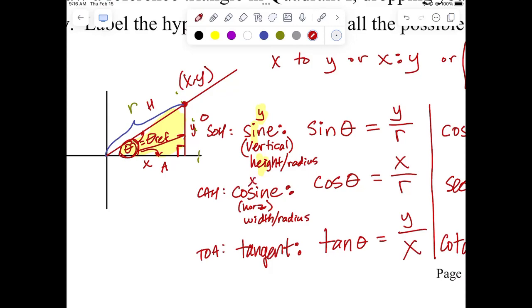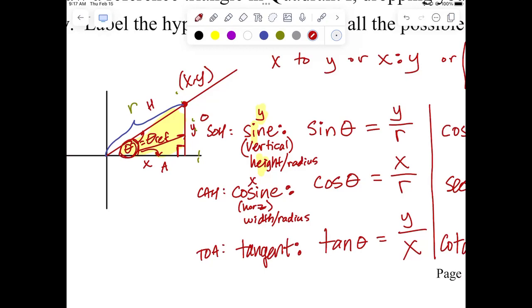There's really no way to remember that like there is for sine, y, height. Cosine, width, x: they all have different sounds. But sine, y, height, you can remember, and then cosine would be the other one. So which of those two measures the height?